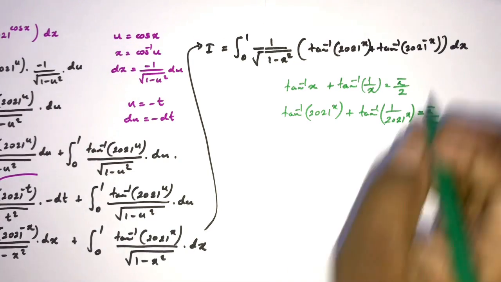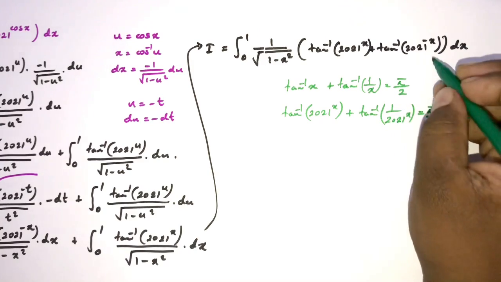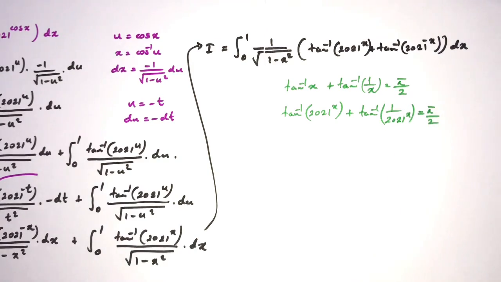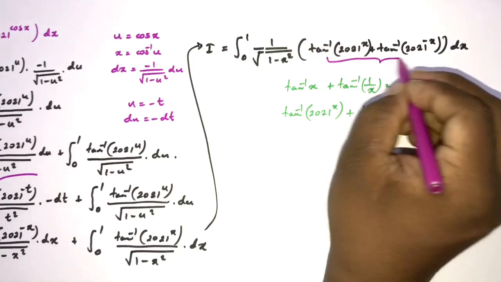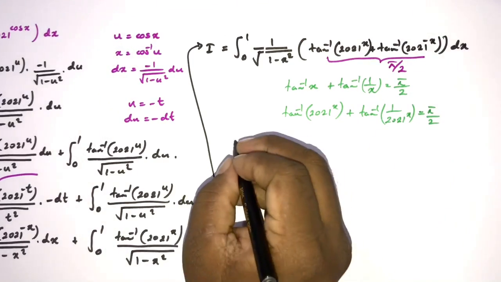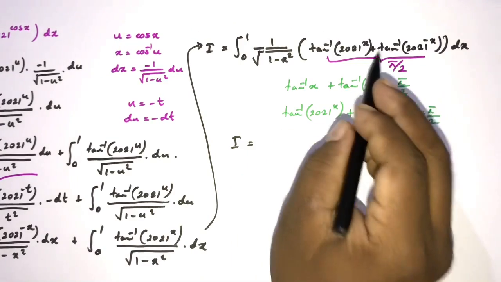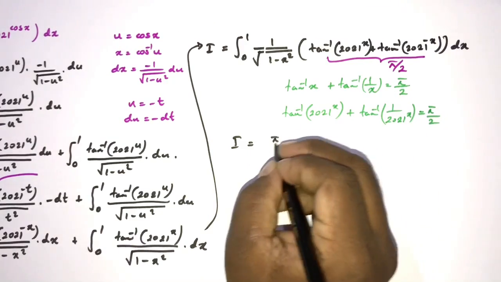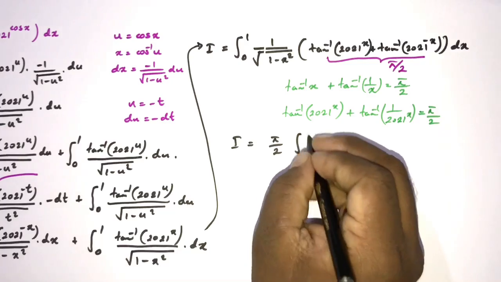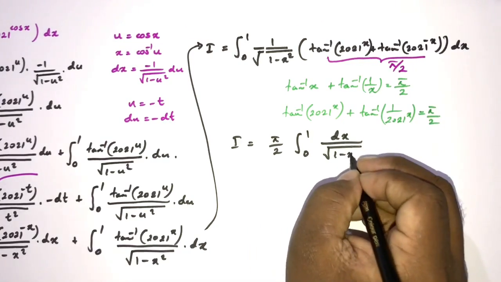So here this is also equal to inverse tan of 1 over 2021 raised to the x. So this is equal to pi over 2. So we can write now I is equal to pi over 2, and this is a constant, so we can write it outside of the integral sign, and here 0 to 1 dx over the square root of 1 minus x square.